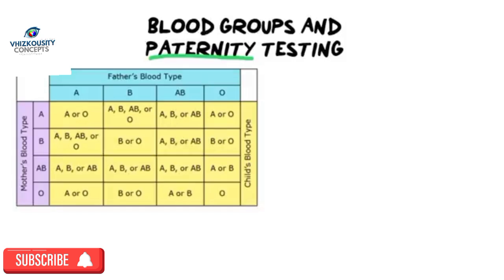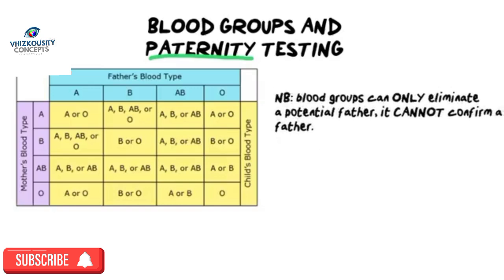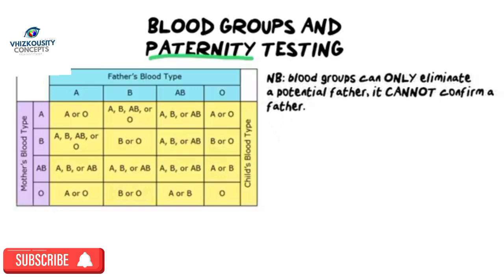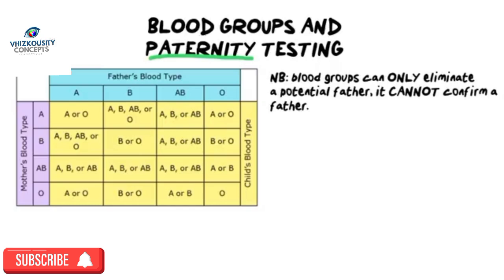However, there is a limitation to this. And so I want to really stress this because this can be an exam question and it can come up. They might ask you, can you use blood groups to determine someone's father? And the answer is simply that blood groups can only eliminate a potential father. They cannot confirm a father.